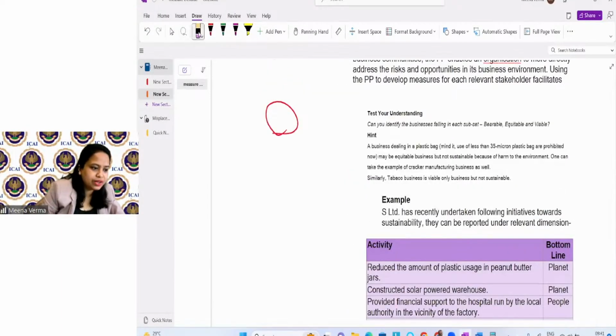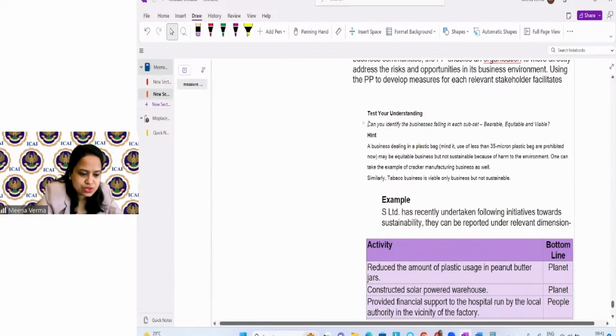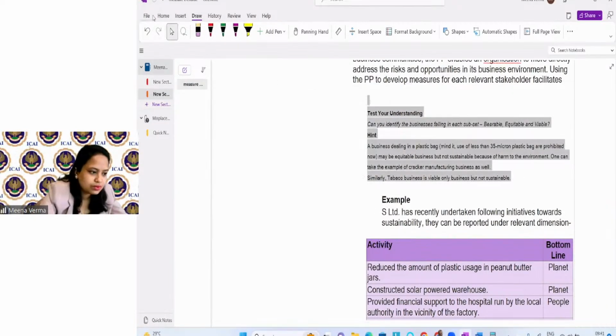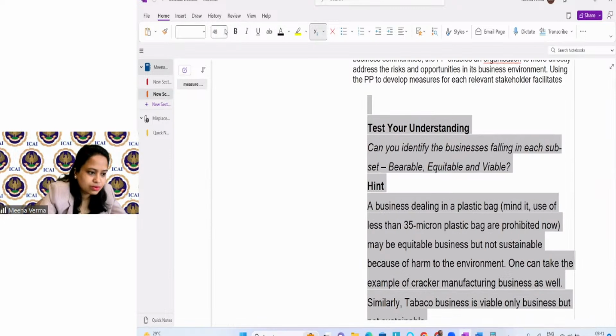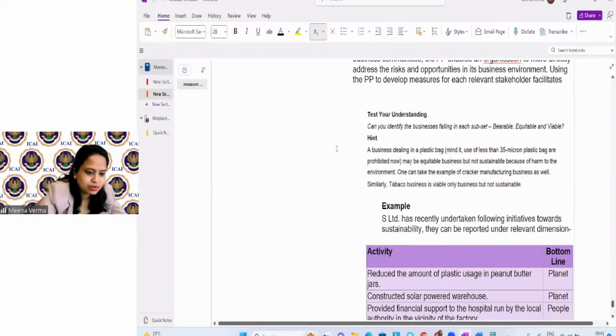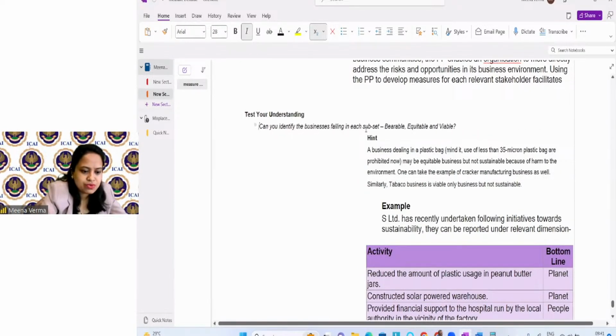Okay, now we have an example and a question here. Let's do this question. Okay, test your understanding. This is the question. Can you identify the business following in each subset?